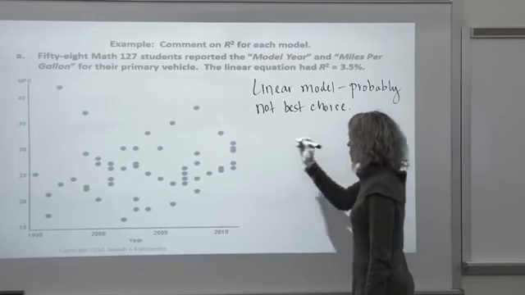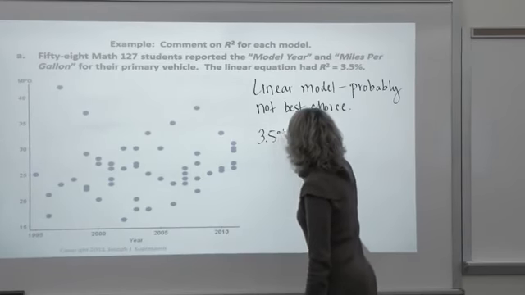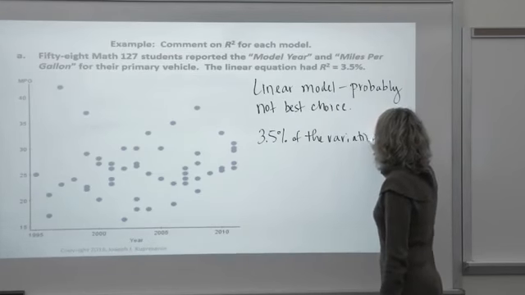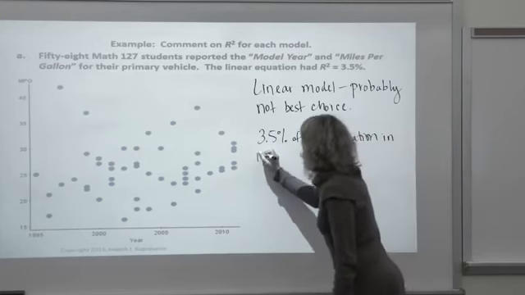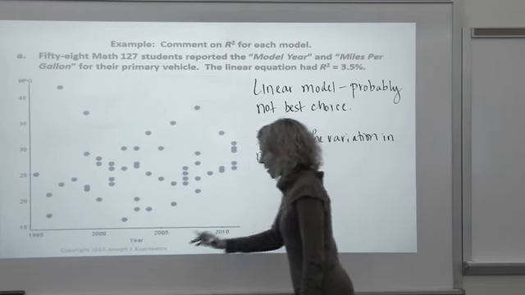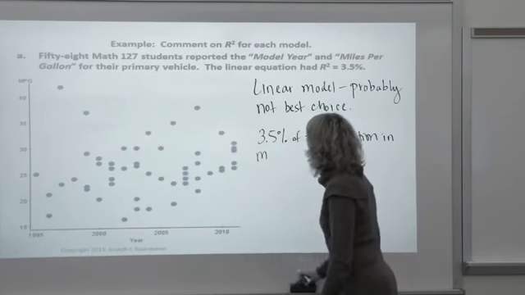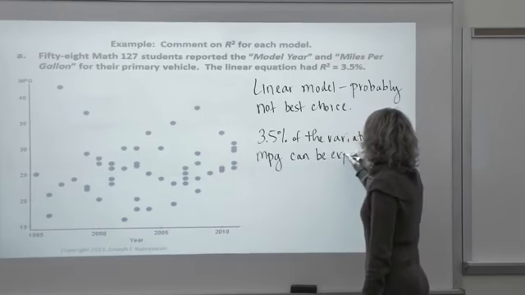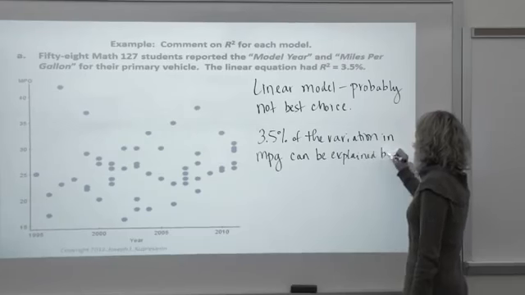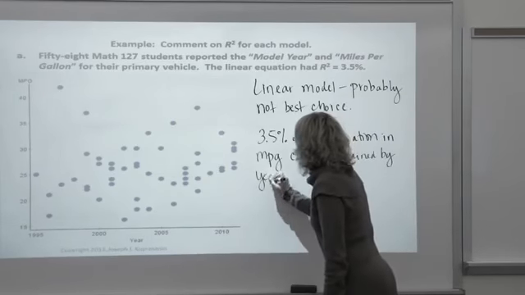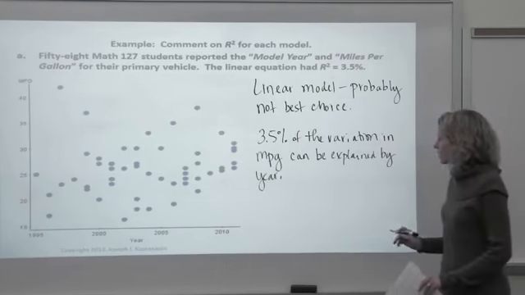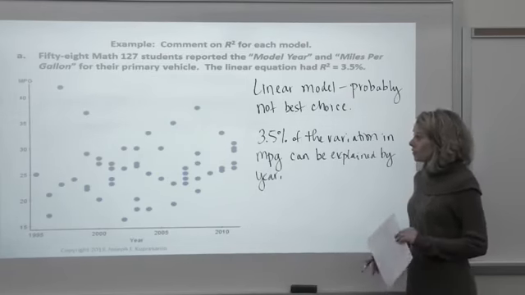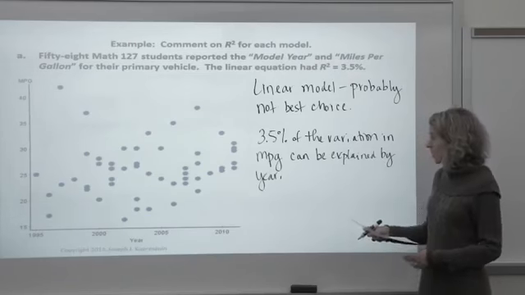That 3.5% tells us that 3.5% of the variation in gas mileage per gallon can be explained by the year of the car. And so the year of the vehicle is not a very good predictor of gas mileage in this case.